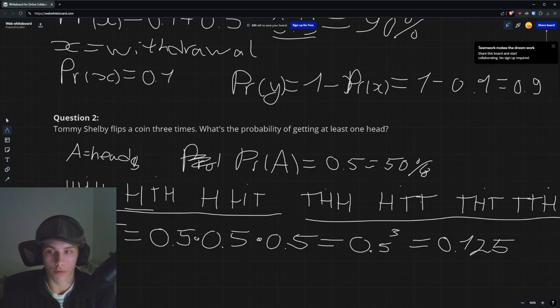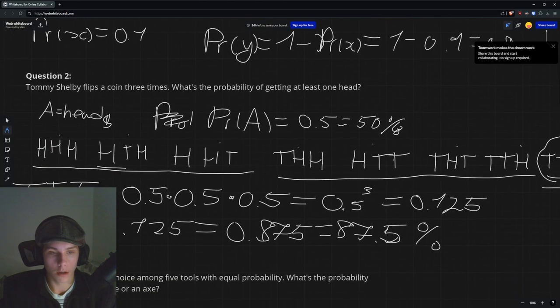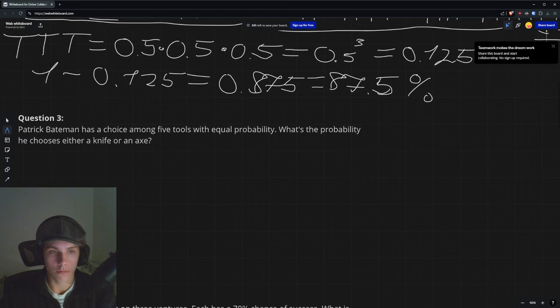So 0.125 is the probability of getting 3 tails in a row. It means the probability of getting at least 1 head is 1 minus 0.125, which equals 0.875, or 87.5%. Hope that helps.